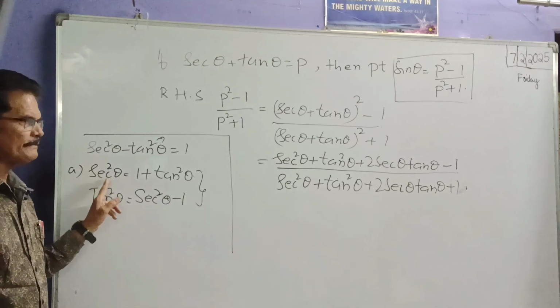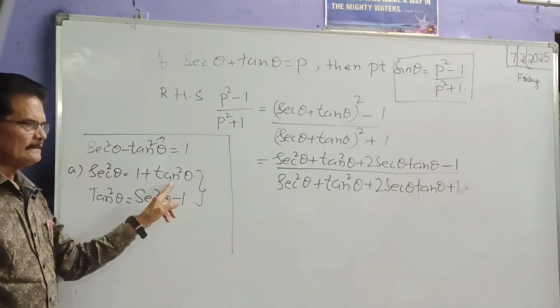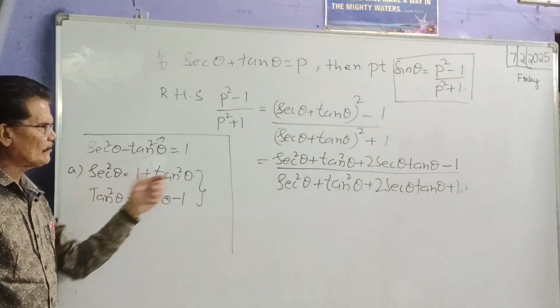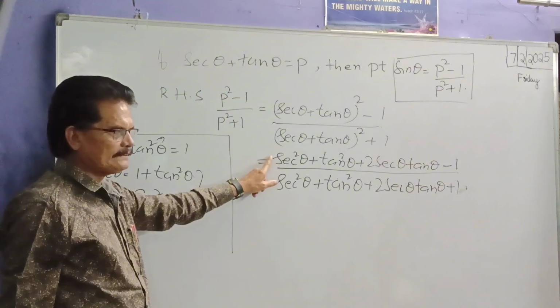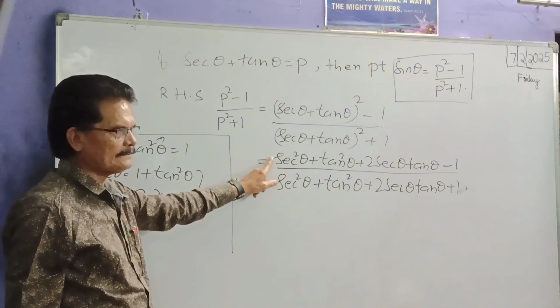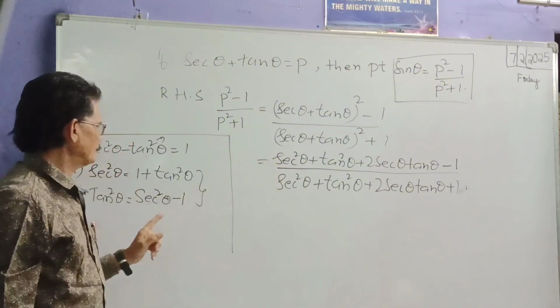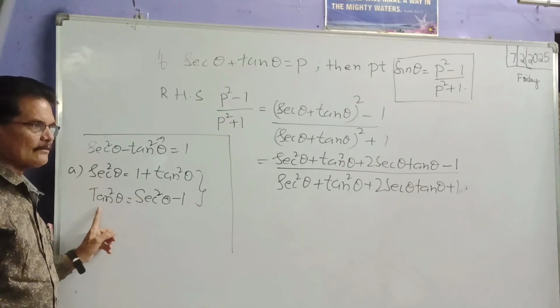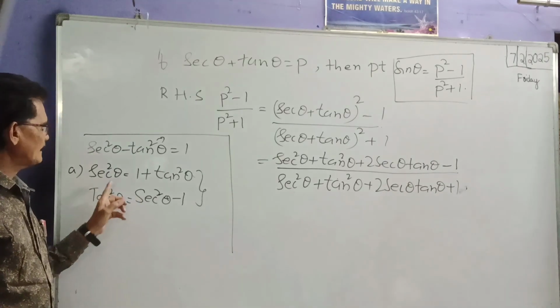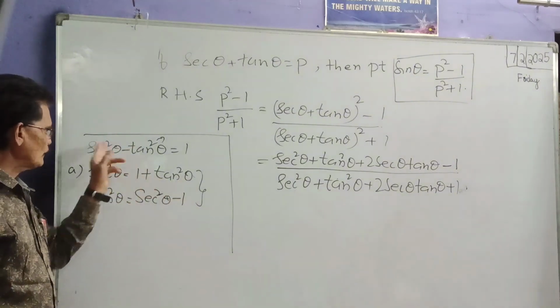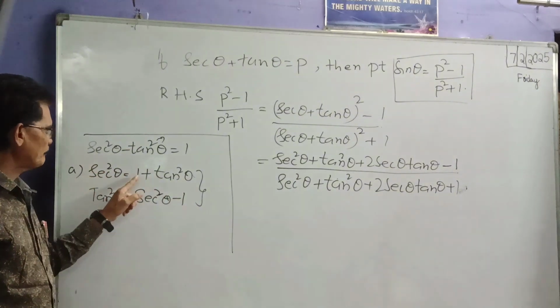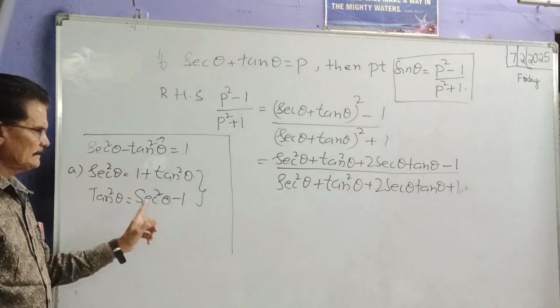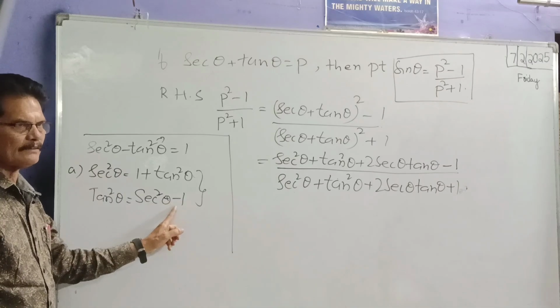So I got the value of sec square theta as 1 plus tan square theta. Then I got the value of tan square theta: this 1 goes this side, sec square theta plus 1 becomes minus 1. So it is sec square theta minus 1.